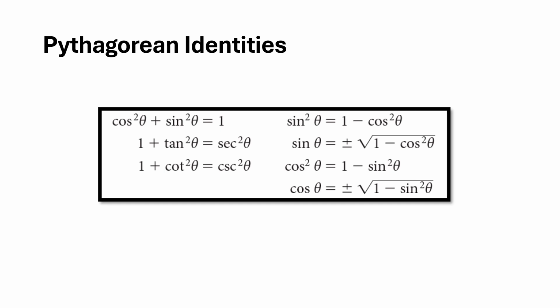All of the identities here on the right-hand side are derived from this first Pythagorean identity. And then our other two identities in this category: 1 plus tan squared theta equals secant squared theta, and 1 plus cotangent squared theta equals cosecant squared theta.